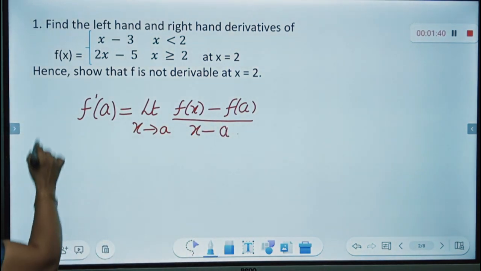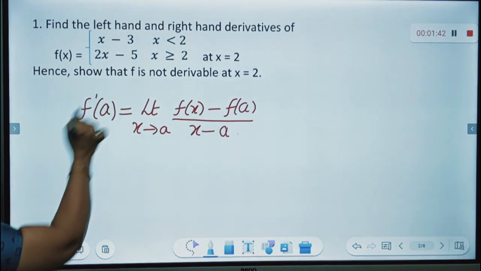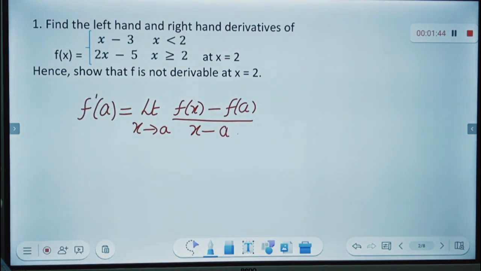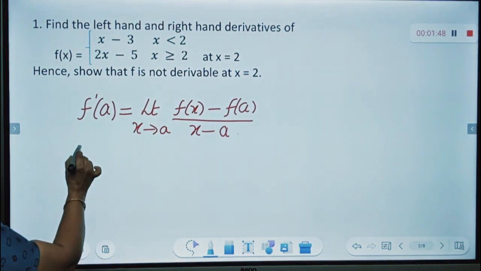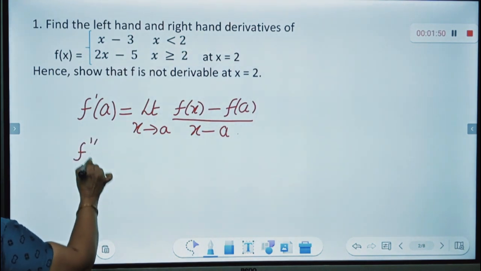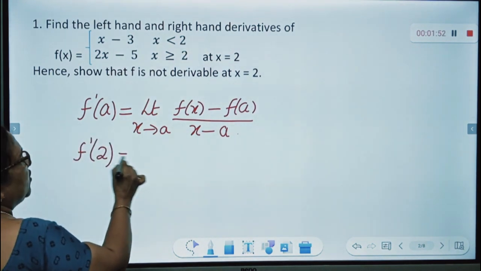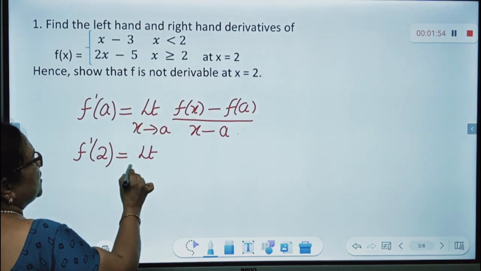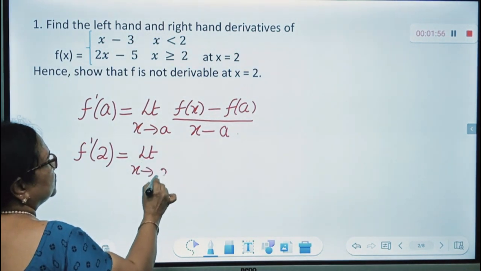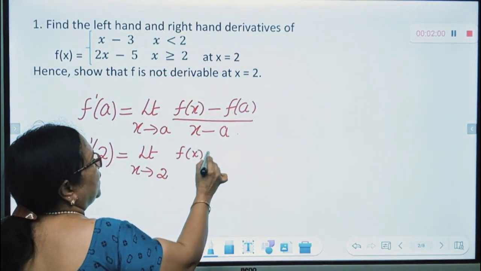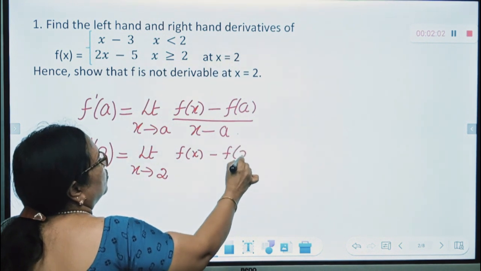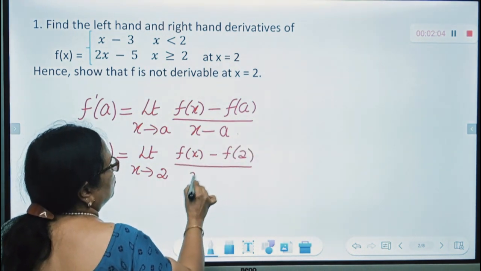So here we have a split domain and we are looking at the nature of its differentiability at the point x equal to 2. So we need to do f dash of 2, which will be limit x tends to 2, f of x minus f of 2 by x minus 2.